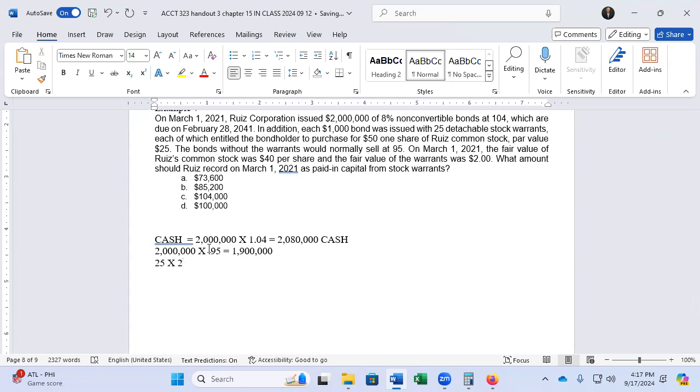Each $1,000 bond was issued with 25 detachable stock warrants.